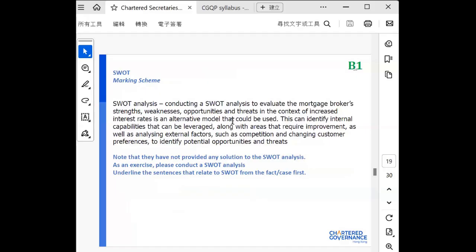But if you look at the marking scheme, it didn't say a lot about SWOT analysis. They have not provided any answers to the SWOT analysis. Maybe you can do a SWOT analysis yourself. And from the facts of the case, just like the PESTLE analysis, you underline the sentences that are related to SWOT analysis, strengths and weaknesses.